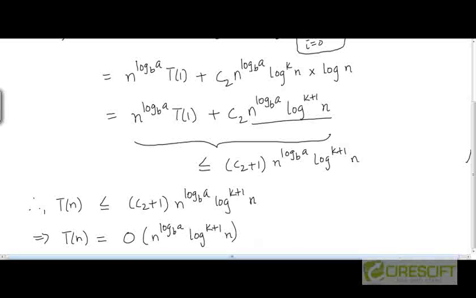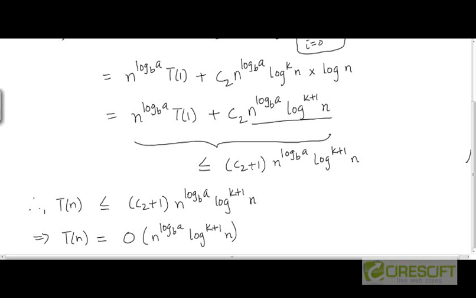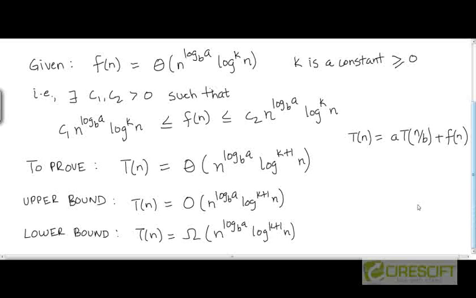So we have proved the upper bound. We wanted to prove that t of n is in big O of this function, and we've proved that. We've shown that t of n is bounded from above by a constant multiple of this function.